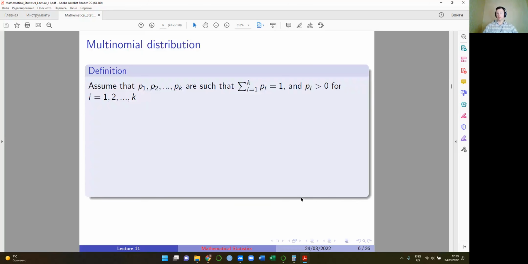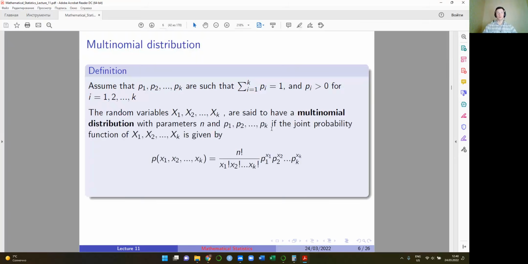So for the multinomial experiment, we want to establish something which is called the multinomial distribution. So the multinomial distribution is defined in the following way. If we have k probabilities, such that these probabilities sum up to 1, and each probability is greater than 0 for every group or every class, then the random variables x1, x2, and so on, xk, so those are the counts for every group, have a multinomial distribution.